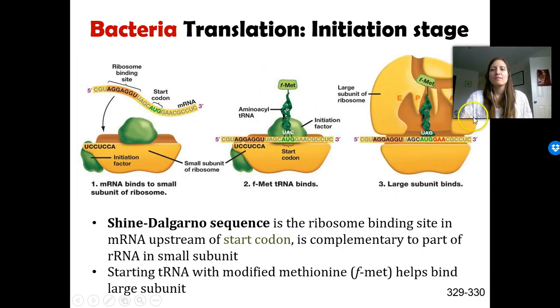And you see it's automatically fitting into this P site. And so you see everything is nice and perfectly centered. So you have AUG coding for this F-methionine, or F-met. That's going to attract in this large subunit, and it's going to essentially lock it into place. So that's how we start in bacteria.